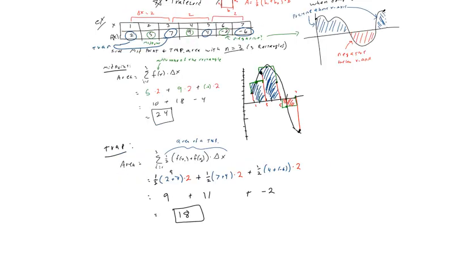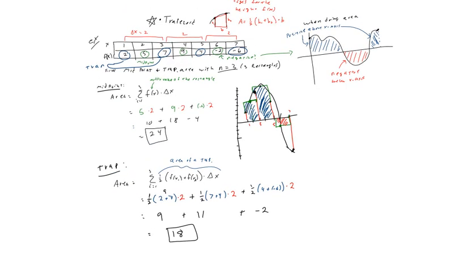Again, you're using the values from the table. The trapezoid uses the left and right side, adds them together, and divides it by 2. Makes little trapezoid shapes out of your function.